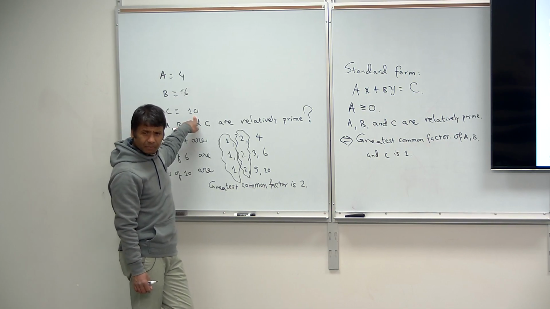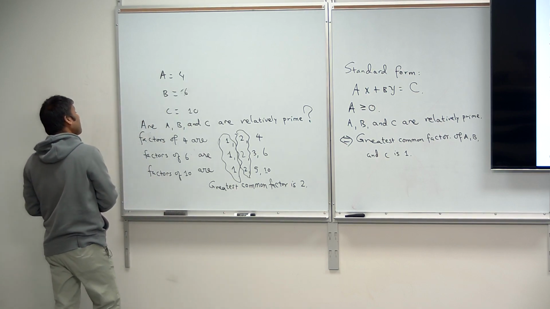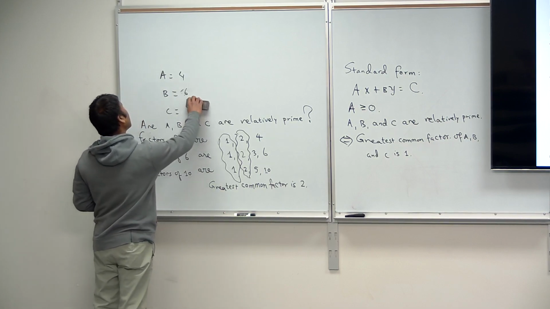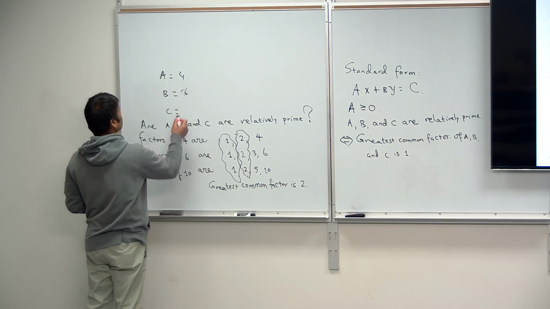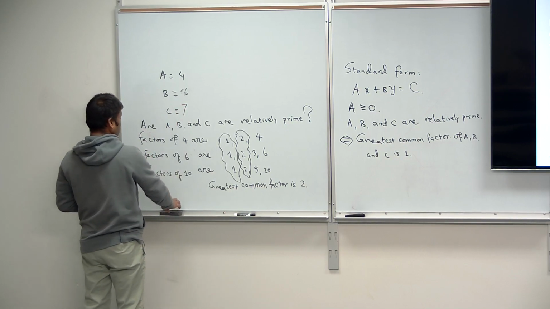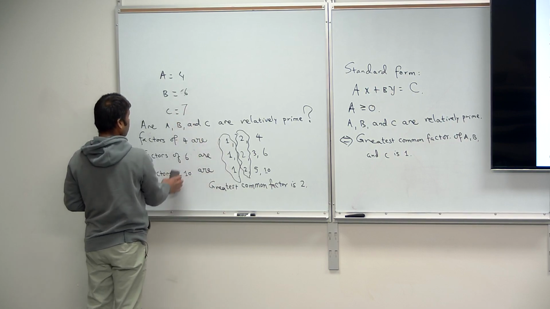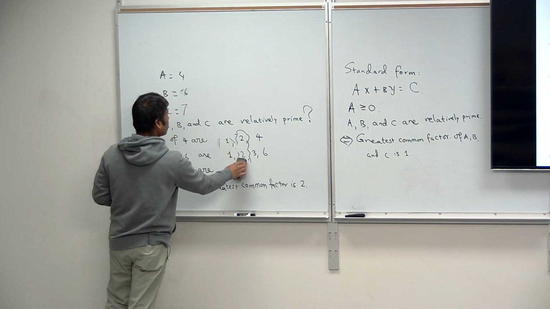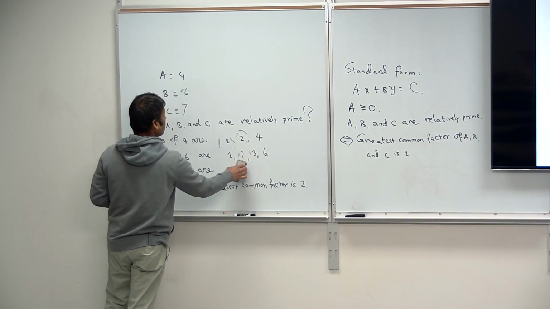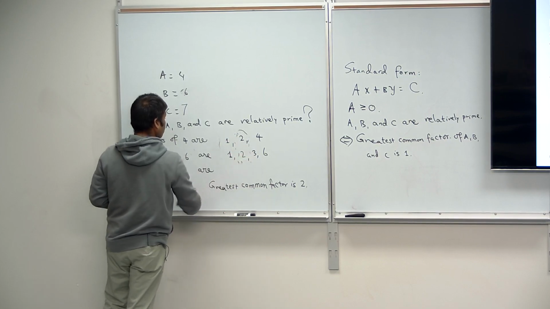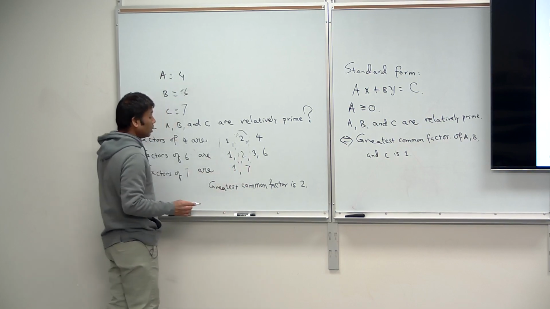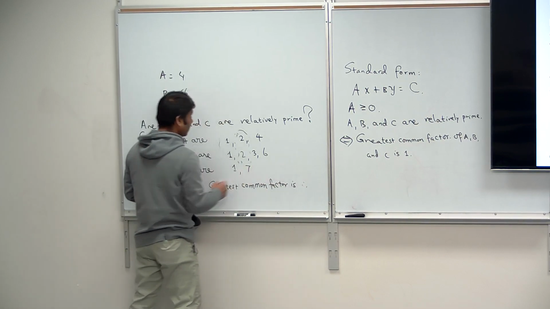That makes sense? But let's say I want to take 4, 6, and 7, okay? So the factors of 4 are the same, and 6 the same. What are the factors of 7, guys? 1 and 7, is that right? So now what is the greatest common factor here? 1.